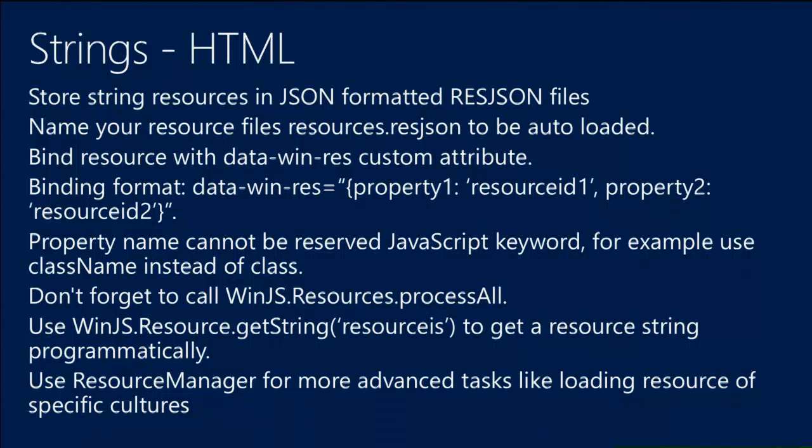So for English US, it will be in a folder called en-us. For Spanish in España, it's es-es, de-de, and so on and so forth. Okay, so this is the convention for storing your res.json files, so the platform can pick it up easily.